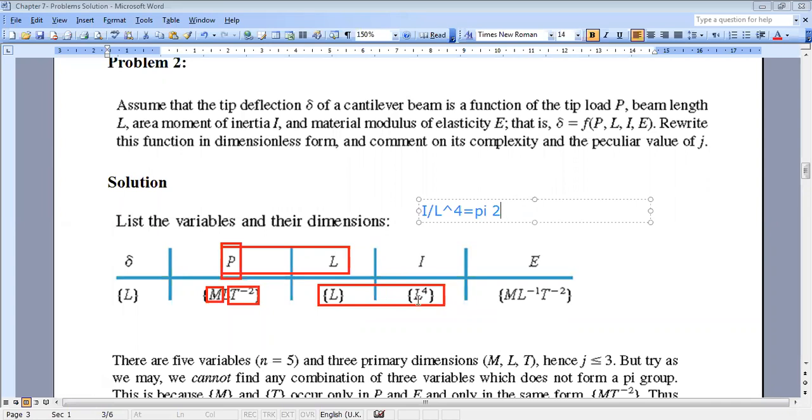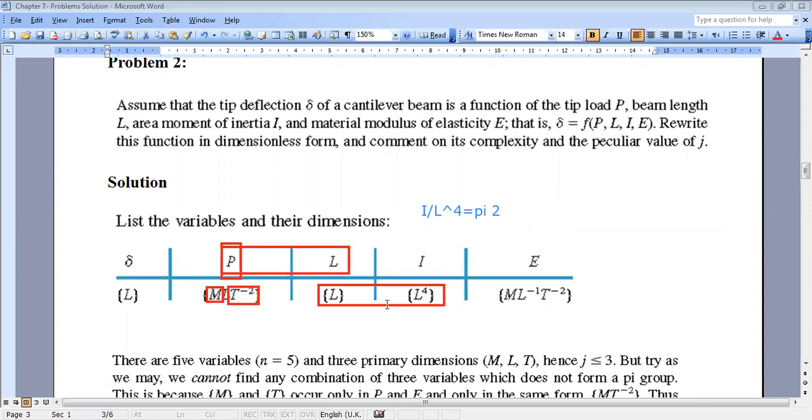So now the third group is formed between P, L, and E. Here also we can do the analysis by ABC analysis, or sometimes if the group is very simple, you can use what is called the inspection method.